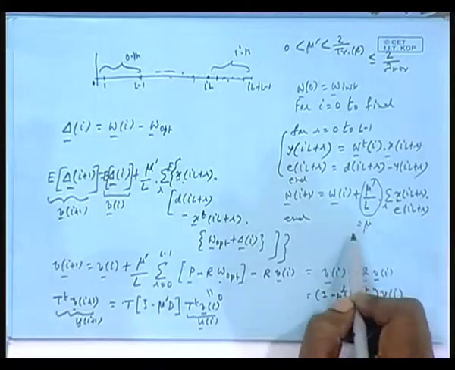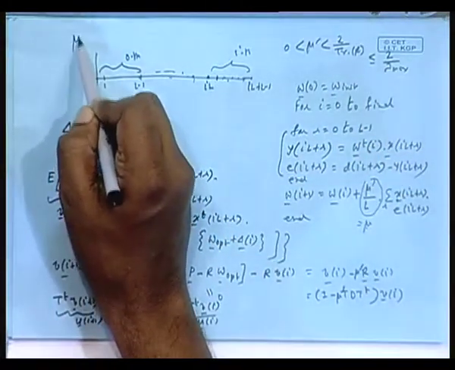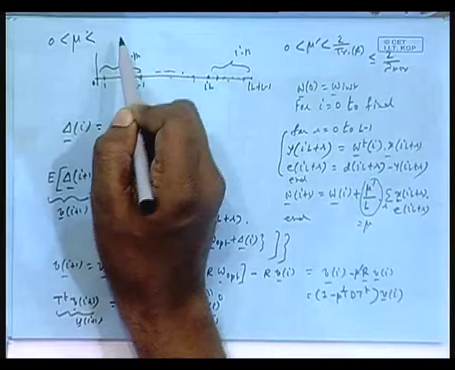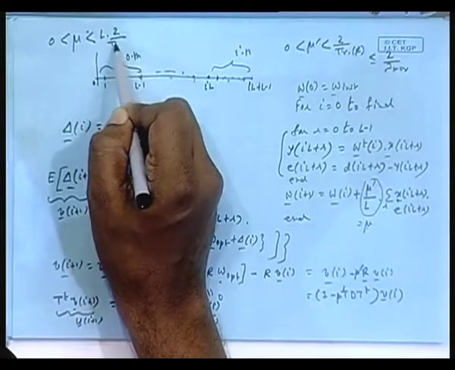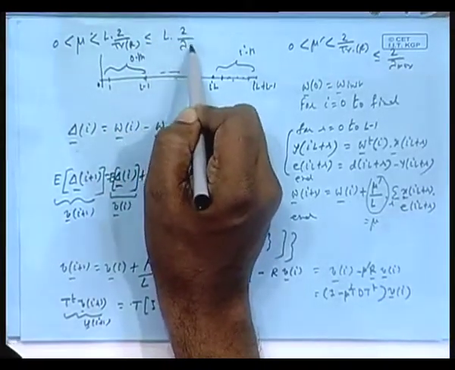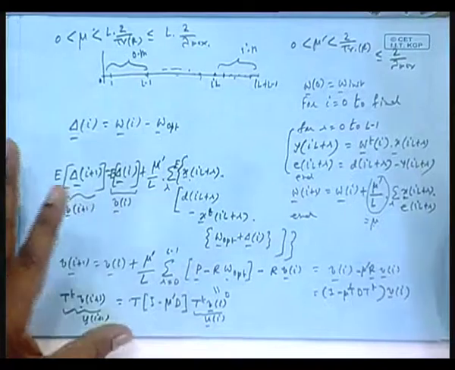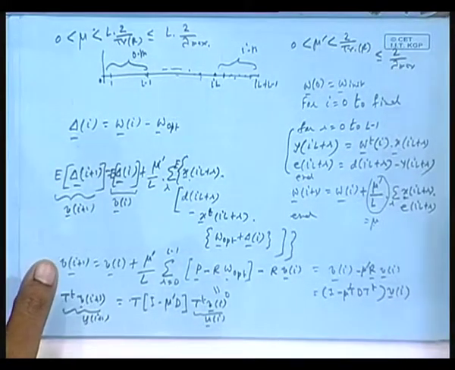So that is the step size. So mu will be just L times that. So this algorithm also converges in mean. Okay, convergence in mean is established.